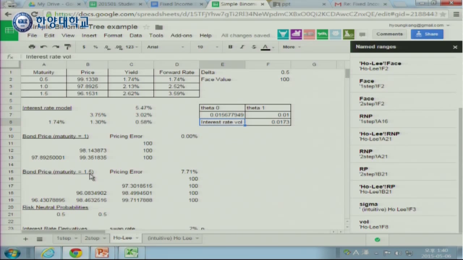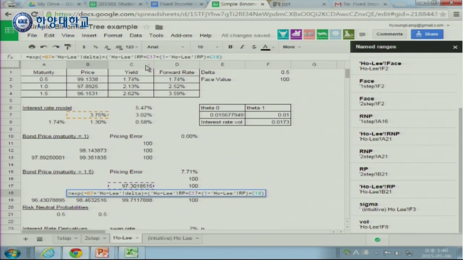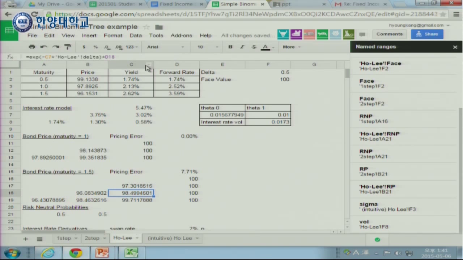Now maturing in 1 and 5th year, 1.5. Then we can do this. We don't need it anymore. So this one plus this one divided by 2. Okay, and then P7.